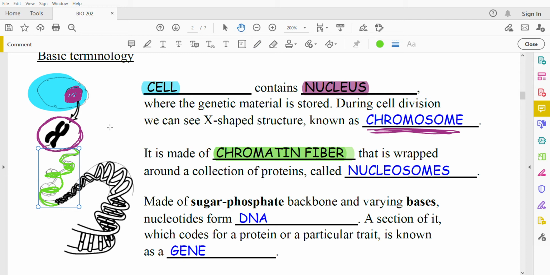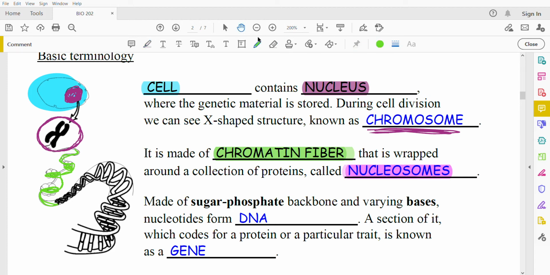Like I mentioned earlier, chromatin fiber tends to wrap around bundles of proteins. There are multiple proteins, and they look a little bit like balls packed as one.